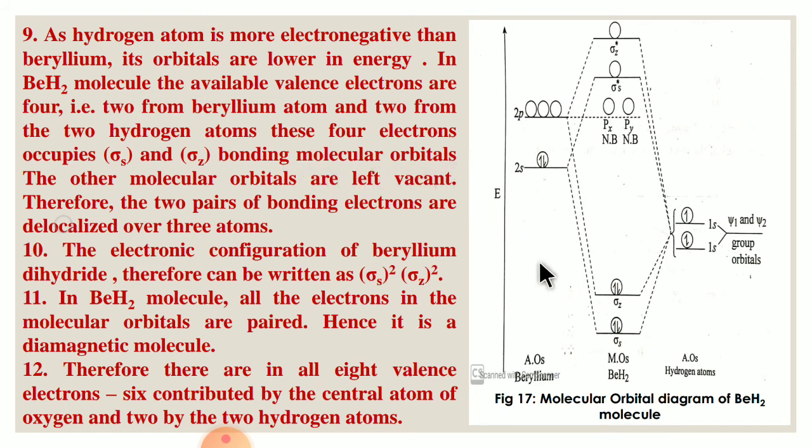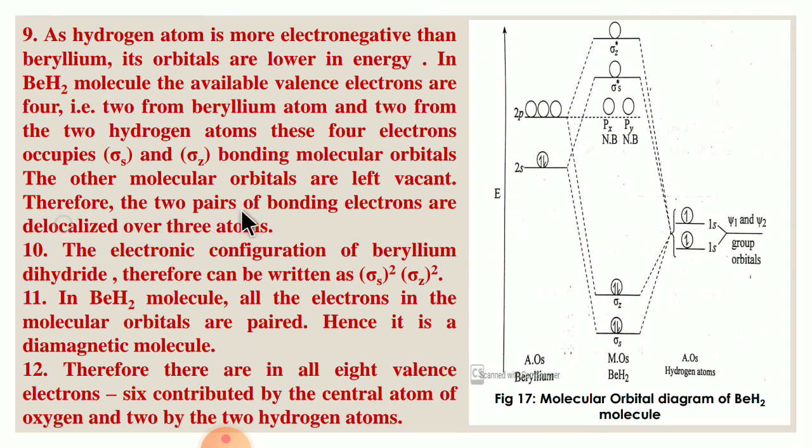We can see here this is the sigma s molecular orbital and sigma z molecular orbital. These are the bonding molecular orbitals which occupy the 4 electrons, 2 from the beryllium and 2 electrons from the ligand group orbitals of the hydrogen atoms. The other molecular orbitals are left vacant.